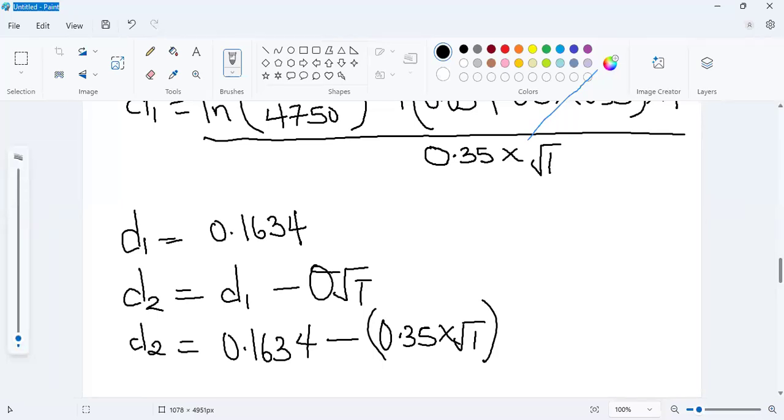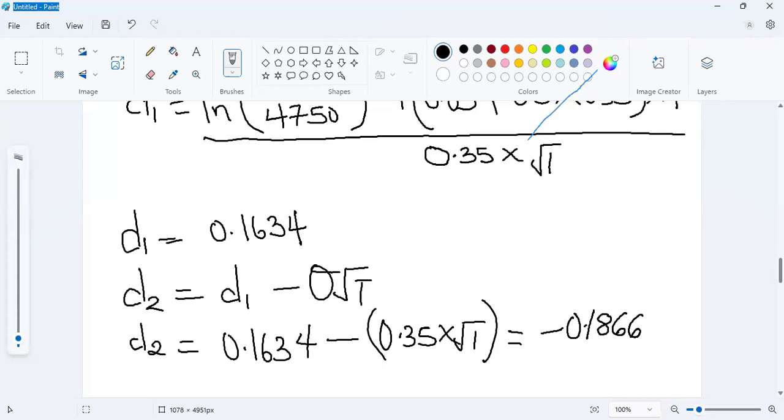I got negative 0.1866. You are correct. Negative 0.1866. That's our D2.